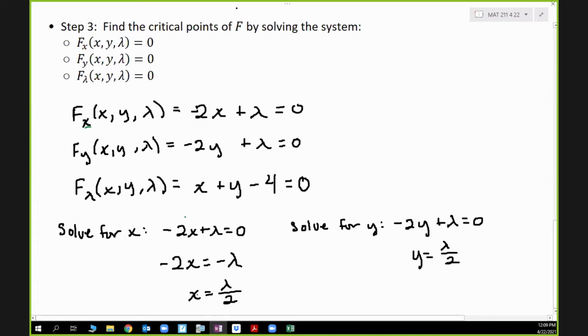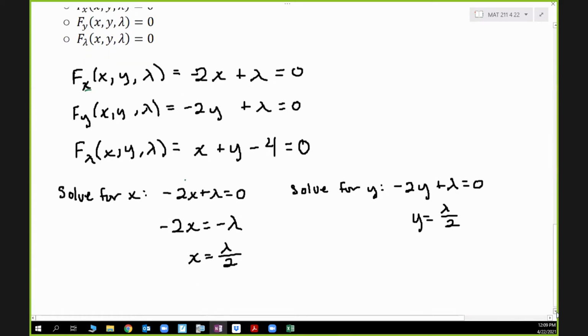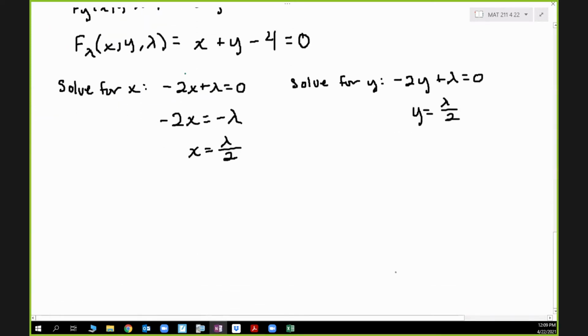So now we can take this x and y and plug it into that third equation. Our third equation was x plus y minus 4 equals 0. But we know x is lambda over 2. y is also lambda over 2. So now we have an equation in all lambda, and we can actually find out what it is.